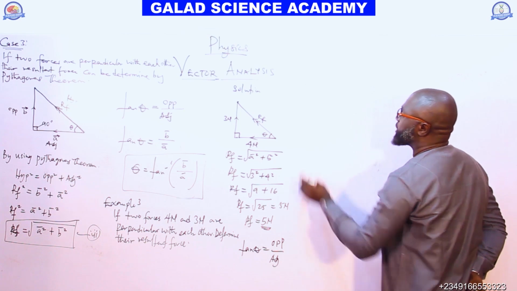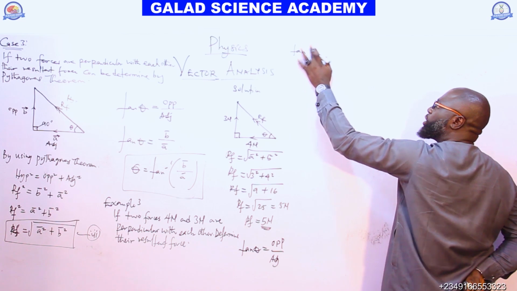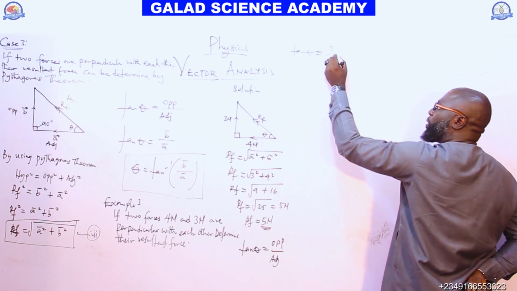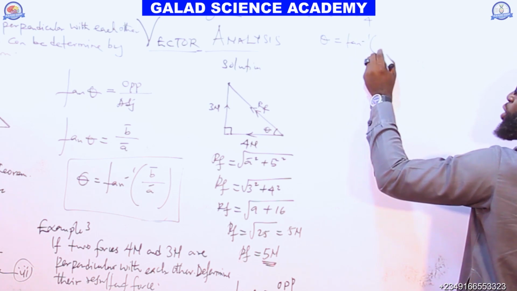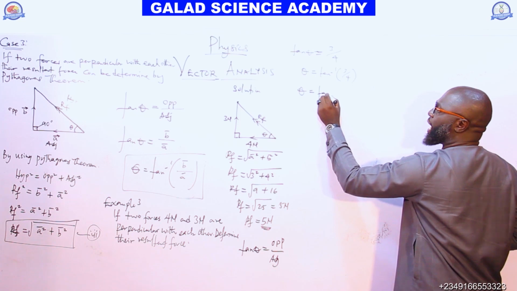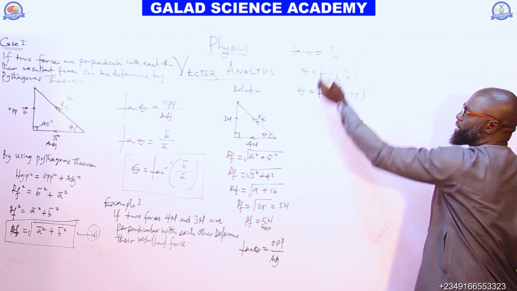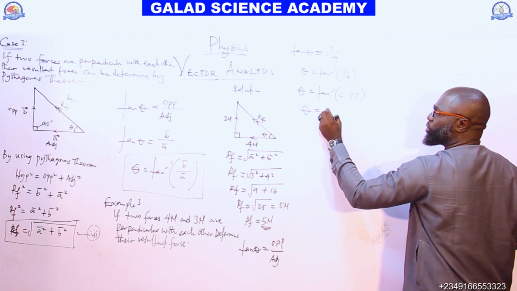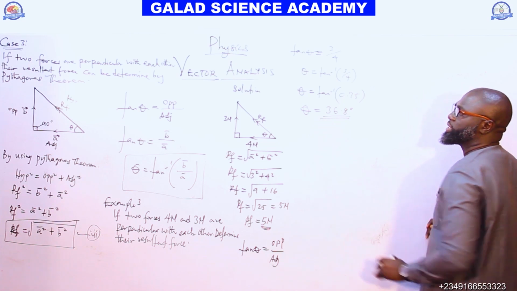So tan theta is 3 over 4. Theta equals arc tan of 3 over 4, which is arc tan of 0.75. If you press the second function in your calculator, you have theta equal to 36.8 degrees. That is the theta.